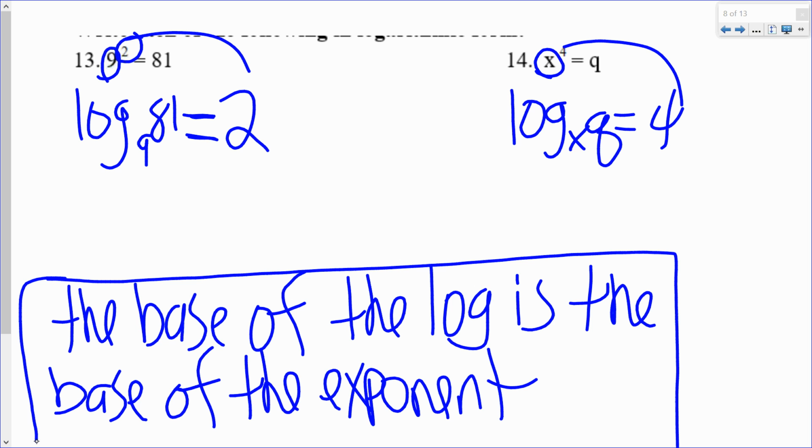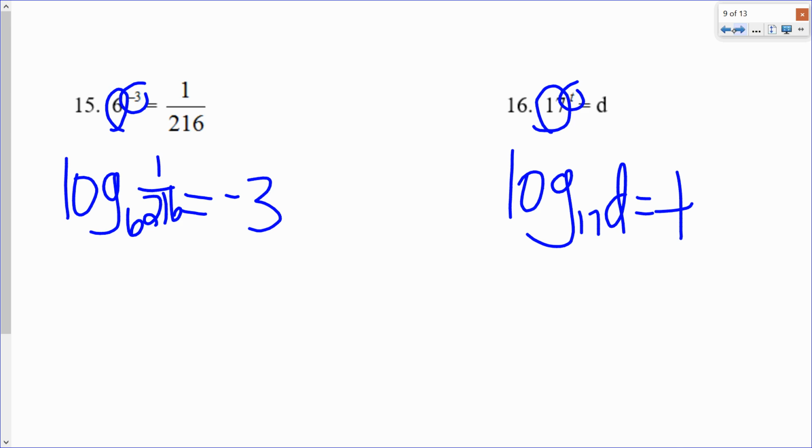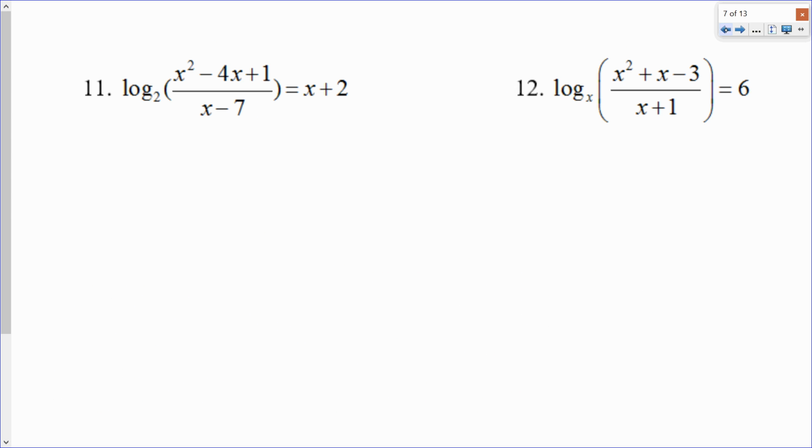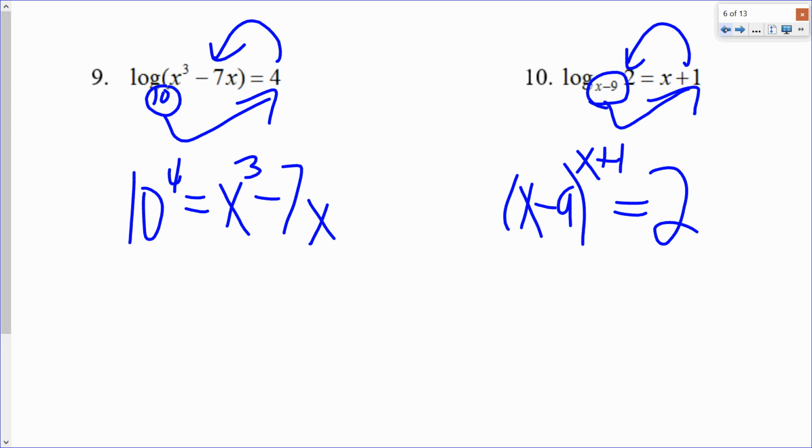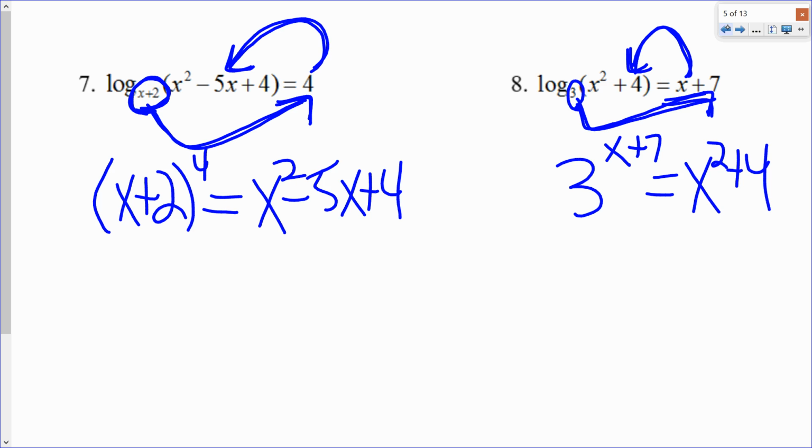And understand that when you're putting it into log form, the exponent is the right-hand side. We're going to be using exponential form, the first half of this, not so much the second half. But we're going to be using this within solving exponential equations, I'm sorry, solving logarithmic equations, so it is very important that you're able to do it.